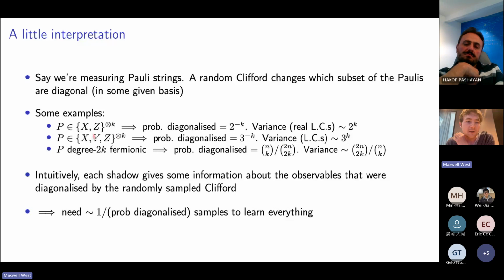If our target is the operators that are spans of X's and Z's acting non-trivially on k qubits, then you hit this with some random local Clifford, and given some target string in there, the probability that your random local Clifford diagonalizes it is 2 to the minus k, which is exactly 1 over the variance that you get with the corresponding shadows protocol.